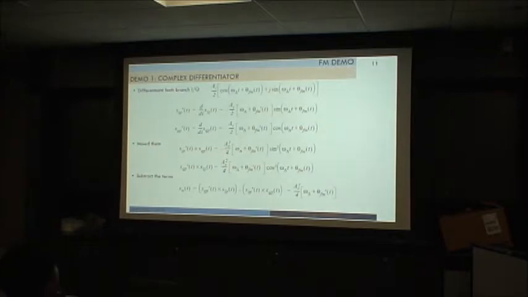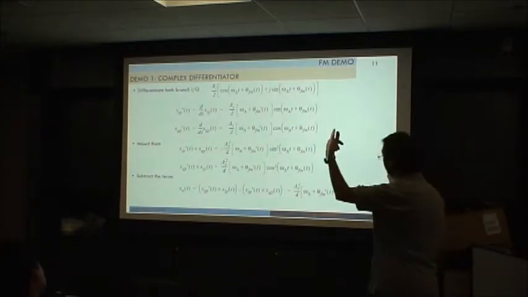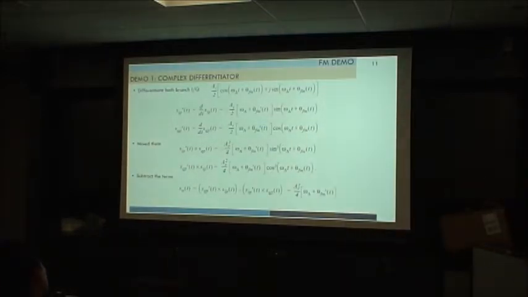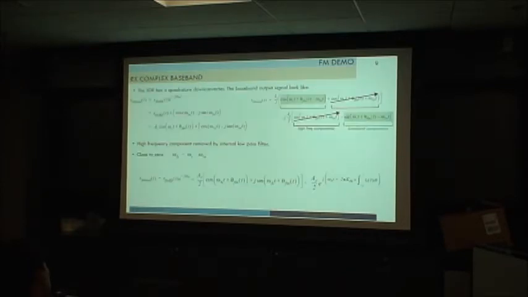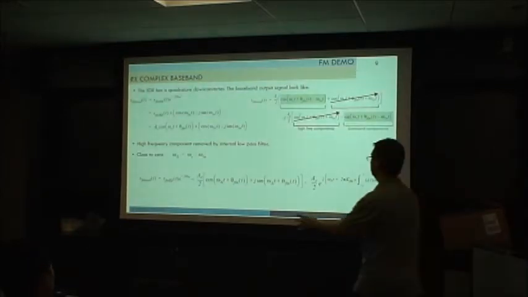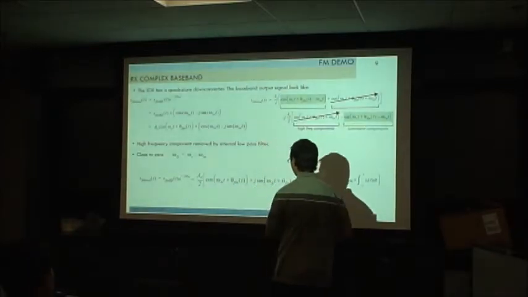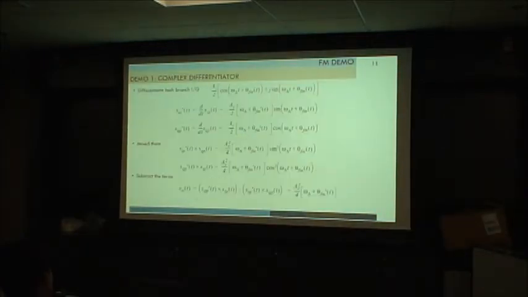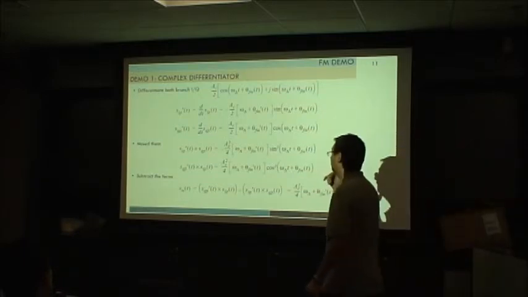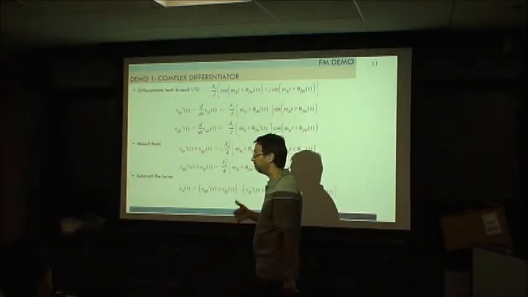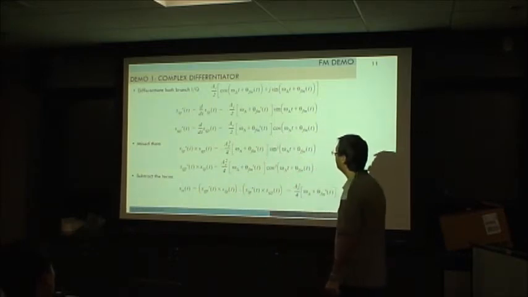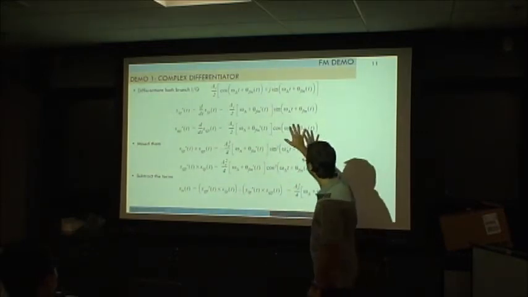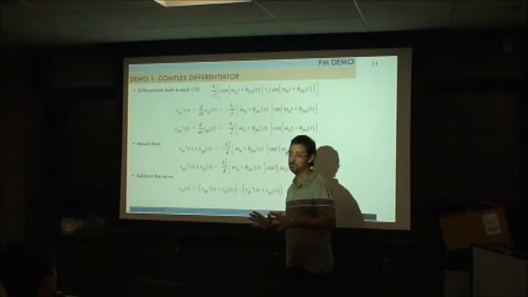The signal, remember, maybe you got lost. This guy is the one that we have to receive, okay? So on the receiver side, after the demodulation, because we make the down conversion with the IQ, this is what you have at baseband, okay?